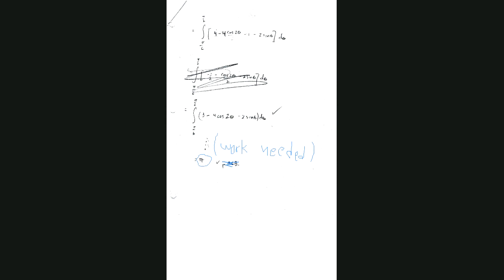Incidentally, there's a problem on your WebAssign homework where it wants you to find the area of the inner loop of a curve. For that problem, you're going to have to draw the curve and get your limit angles on the inner loop. There's a help video on that, and I think you'll need to look at it to do that one.